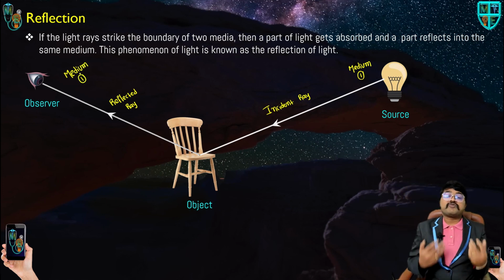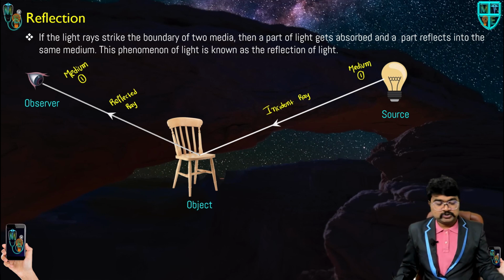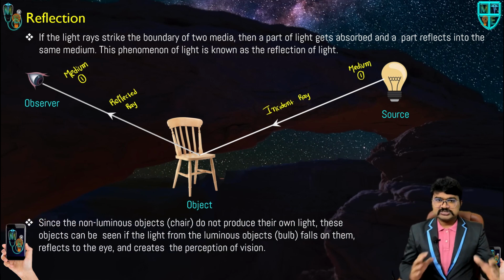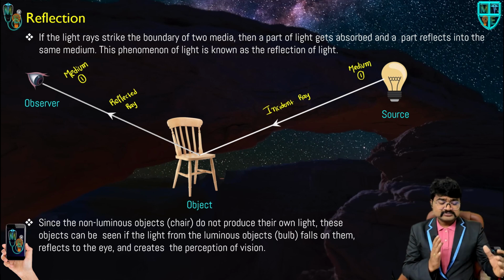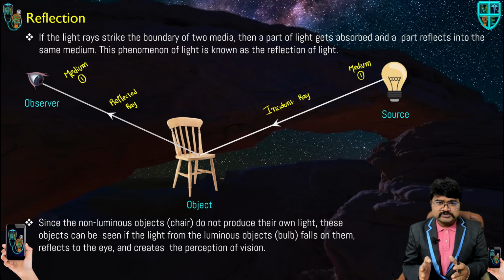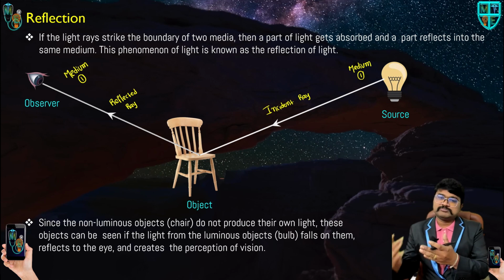In case of reflection, the medium will be the same. Here is one thing I want to tell you: this is the source. From the source, the incident ray is coming and is incident on the object. Here some amount of light will be reflected and it is reaching the observer.